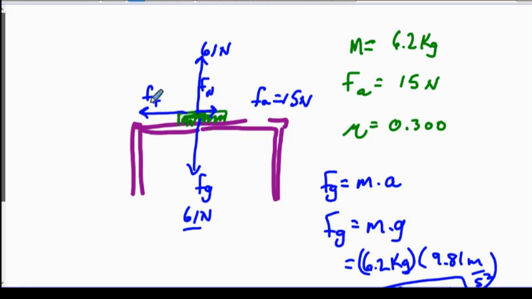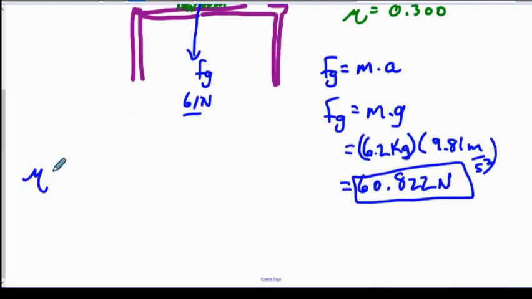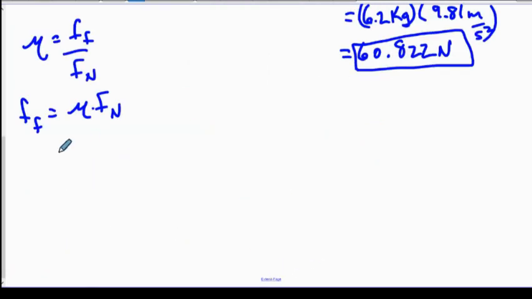Okay, so now the question is, what does my force of friction look like? And what we know is that mu is the force of friction compared to the normal force. So we can find that the force of friction would be equal to mu times Fn. And we know that Fn was 60.8022.